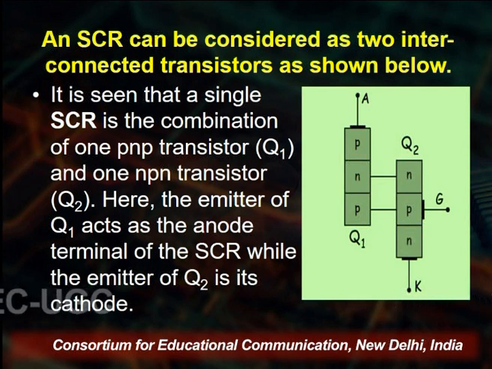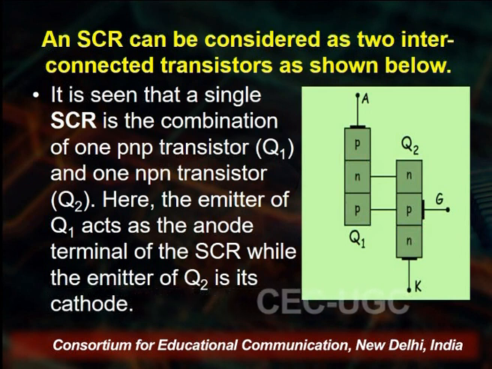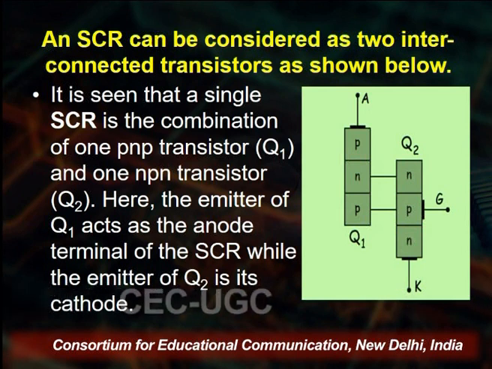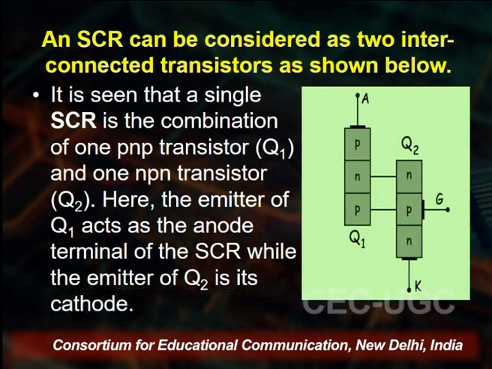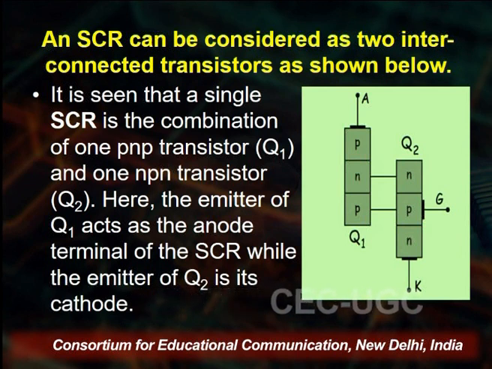The emitter of Q1 acts as the anode terminal of the SCR, while the emitter of Q2 acts as the cathode. You see on the left-hand side, the anode is the Q1 emitter and the cathode is the Q2 transistor emitter.